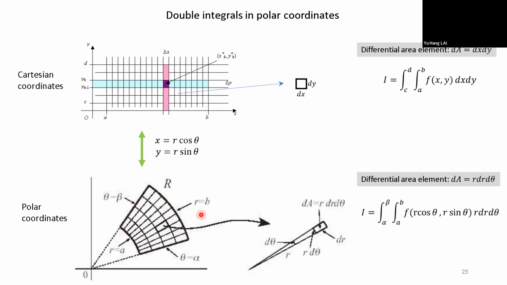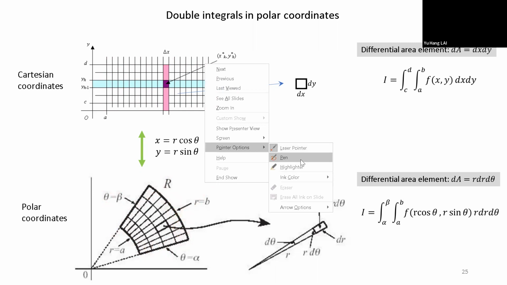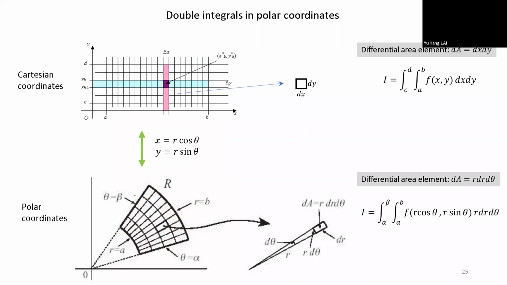So in principle, what if I still want to do the integration over a rectangular boundary, but in the polar coordinate system? That means I still want to have a boundary like this.